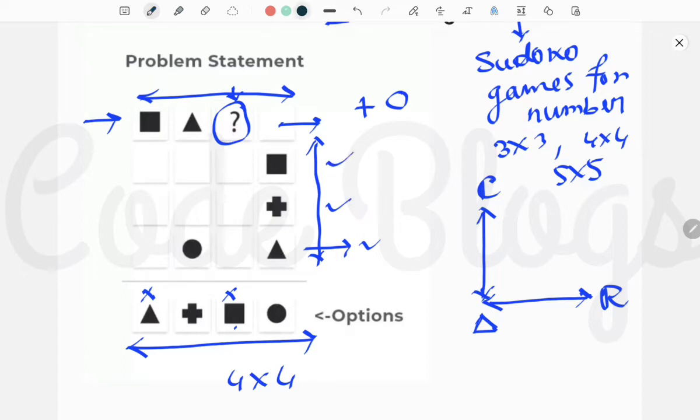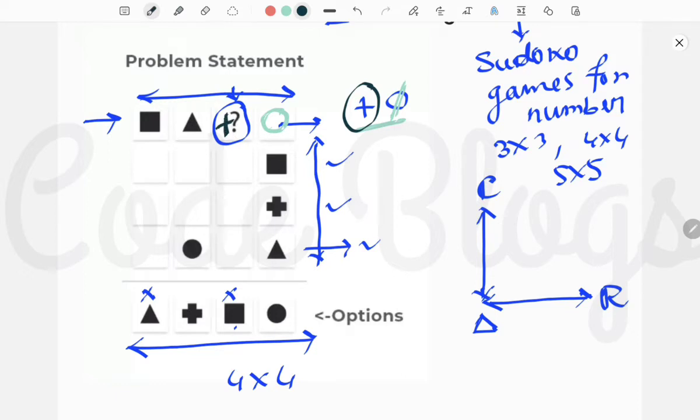So I am putting circle here. As circle is put here, in this row we cannot put circle anymore. So of the two available options, circle is no more available, so the remaining is plus sign. So in this place the correct answer is plus.